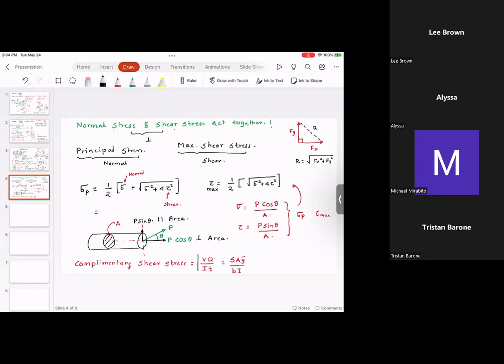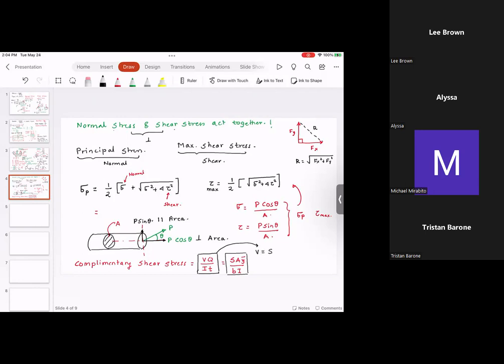Typically, if you have studied mechanics of material in the United States, you probably have seen this equation. If you have studied mechanics of material or strength of material outside the United States, maybe in Europe or in India, probably you have seen this type of equation. But they mean one and the same thing.